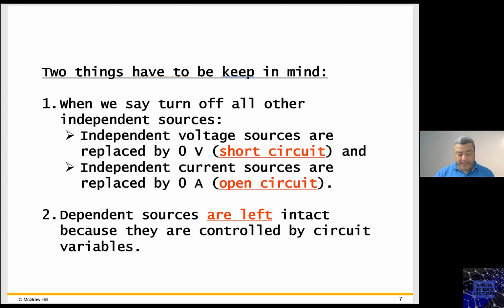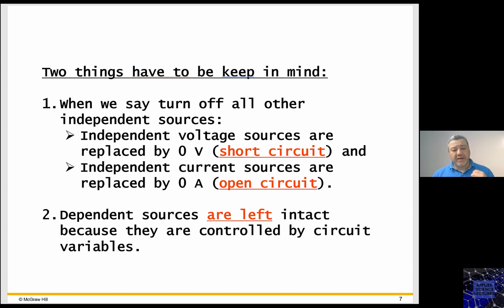When I say switching off an independent source, this means that the result would be zero. A voltage source will be 0 volt, and a current source will be 0 ampere, right? This is the meaning of switching off, because a voltage source generates voltage, a current source generates current.